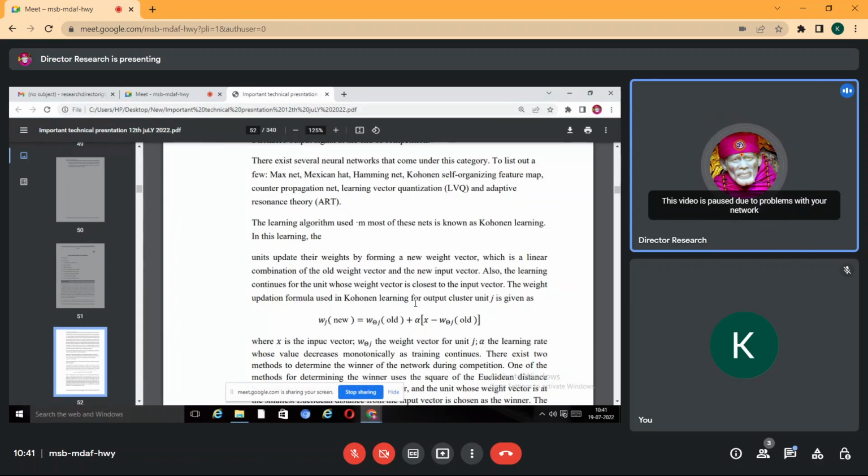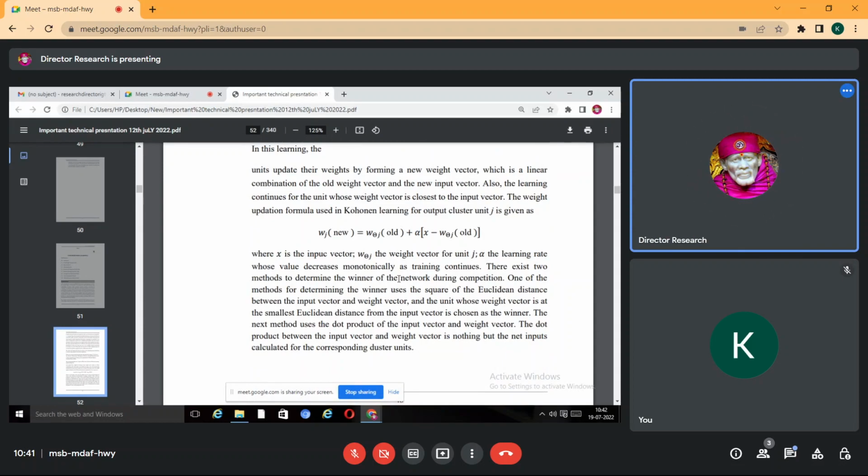The weight updation formula used in Kohonen learning for output cluster unit J is given as wJ(new) = wJ(old) + alpha[x - wJ(old)], where x is the input vector, wJ is the weight vector for unit J, and alpha is the learning rate, whose value decreases monotonically as training continues.